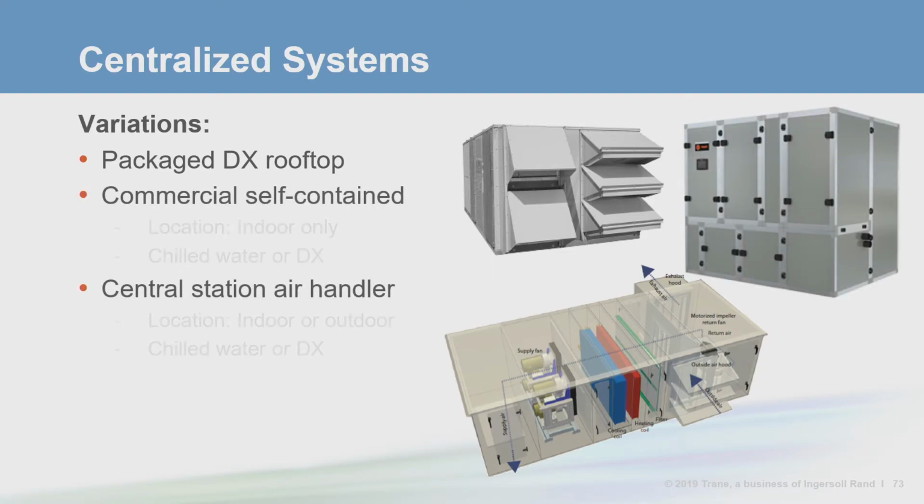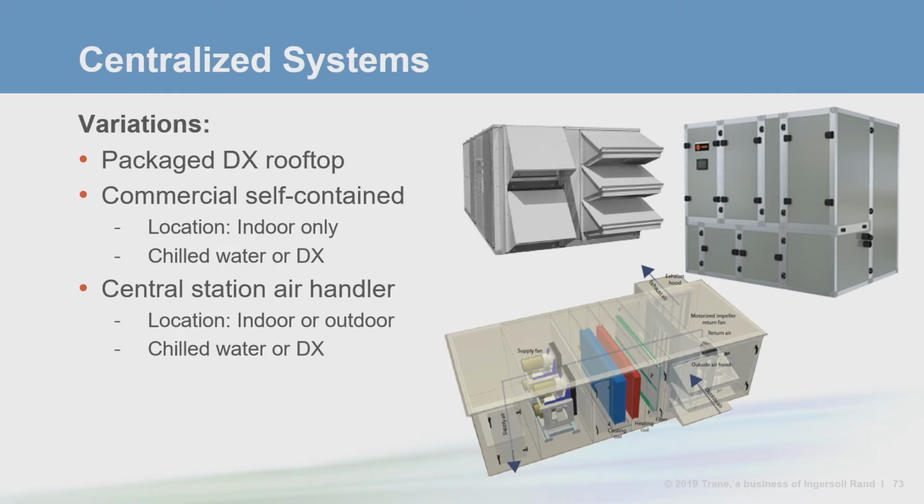Systems with commercial self-contained units or central station air handlers are connected to a chilled water plant or a remote air-cooled condenser. Note that any of these variations can be applied in a single or multiple unit setup throughout the building. For purposes of this discussion, we'll consider multiples of these unit types as a centralized system.